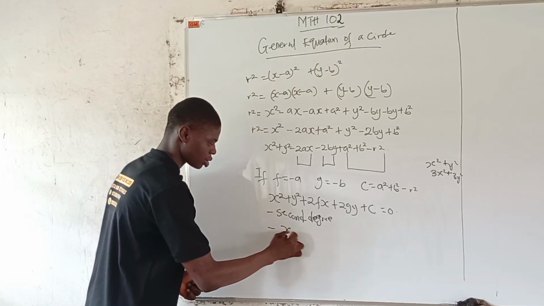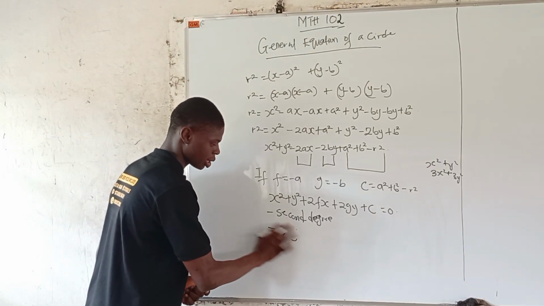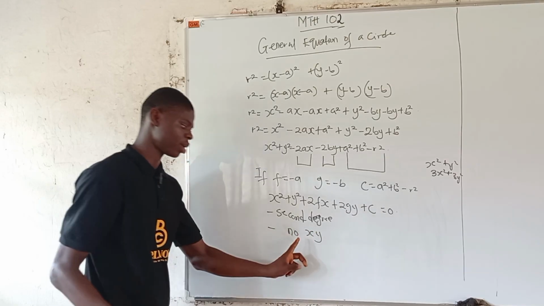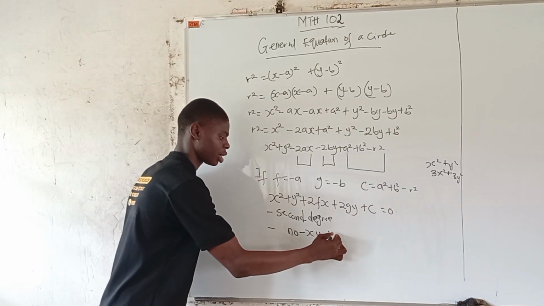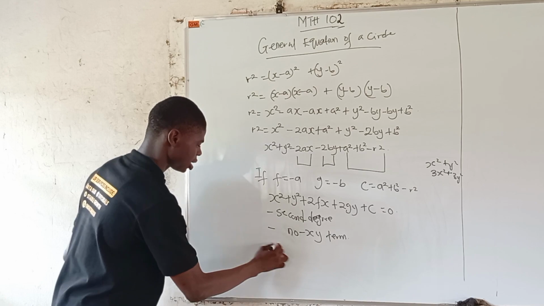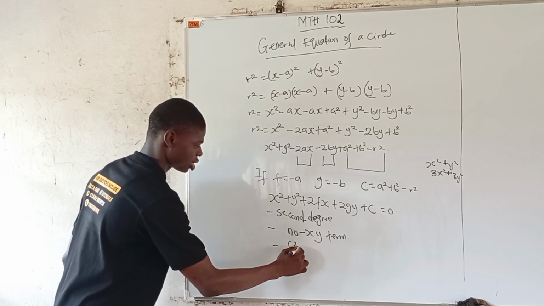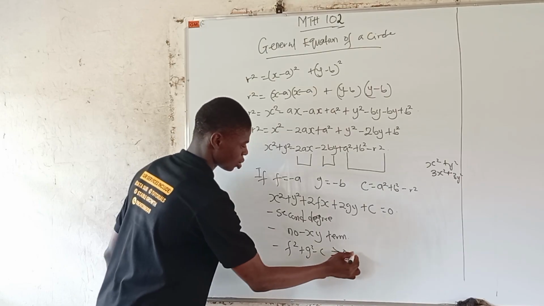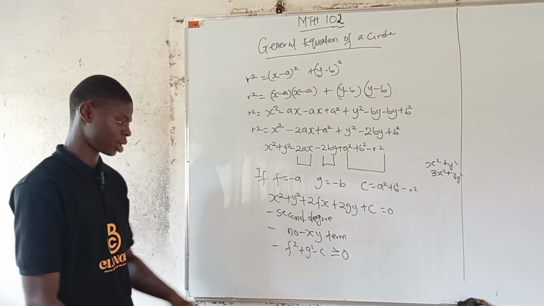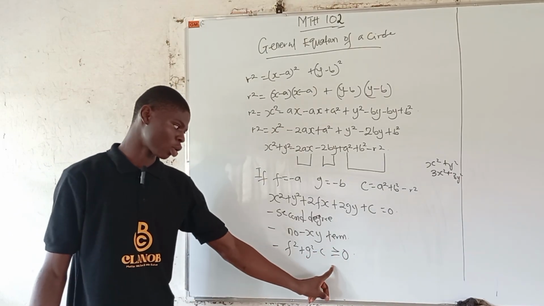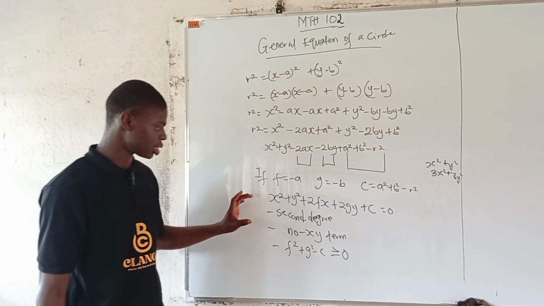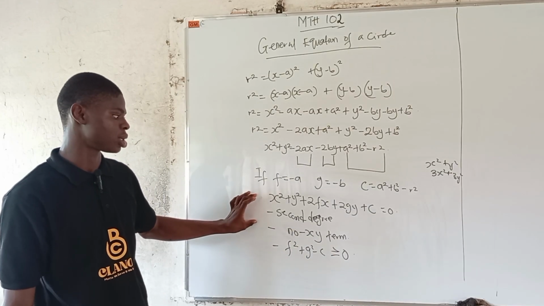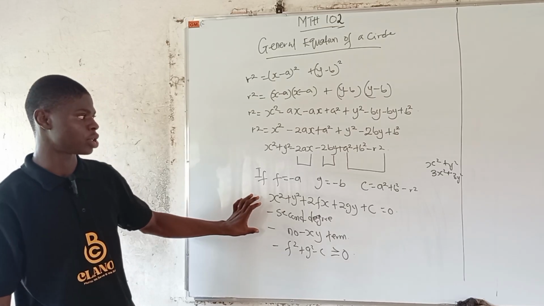It also does not have an xy term. And the discriminant, g squared plus f squared minus c, must always be greater than or equal to 0. So you check these three major parameters to confirm that an equation is actually representing a circle.